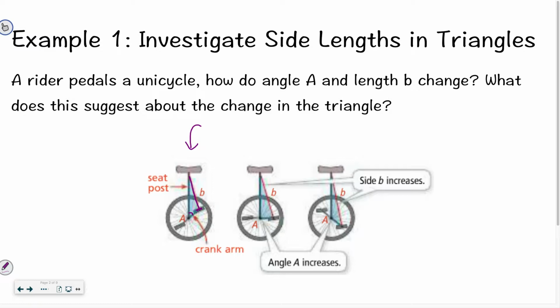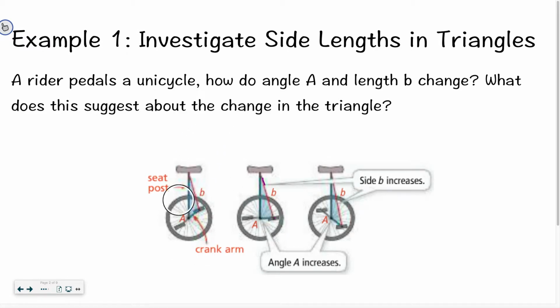Then if we look here, we have our angle A and our side length B got a little longer, and we have the biggest angle A right here, and side length B increased again.